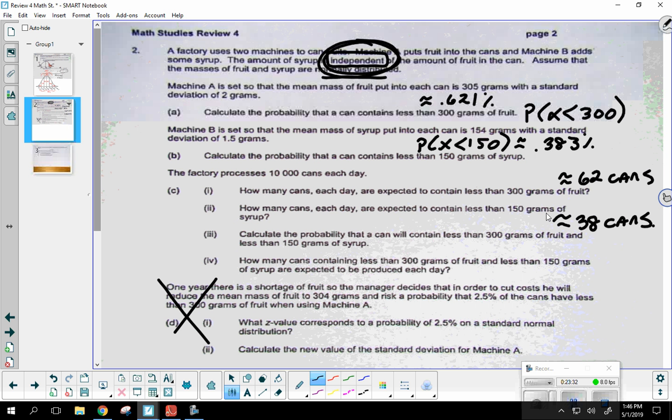Now, C3. Calculate the probability that a can will contain less than 300 grams of fruit and less than 150 grams of syrup. Okay. So there were a lot of rules that came about when we were talking probability before Christmas. And one of them, if 2 events are independent, you can say this.